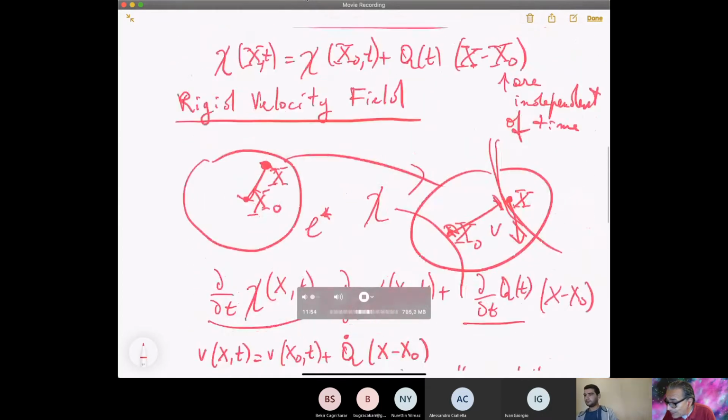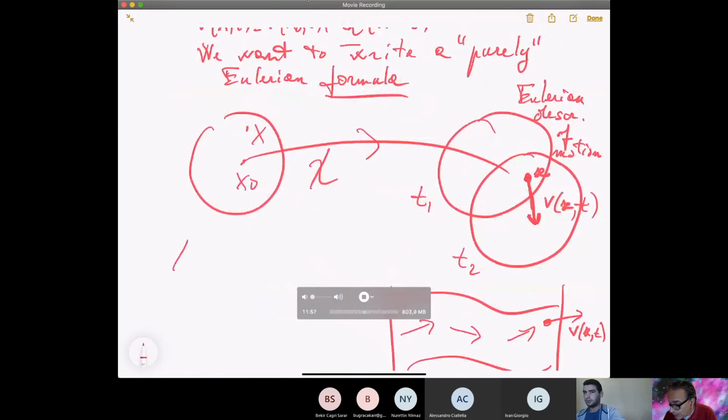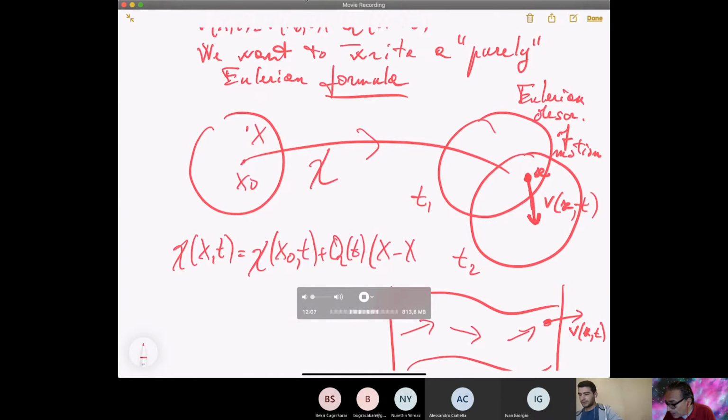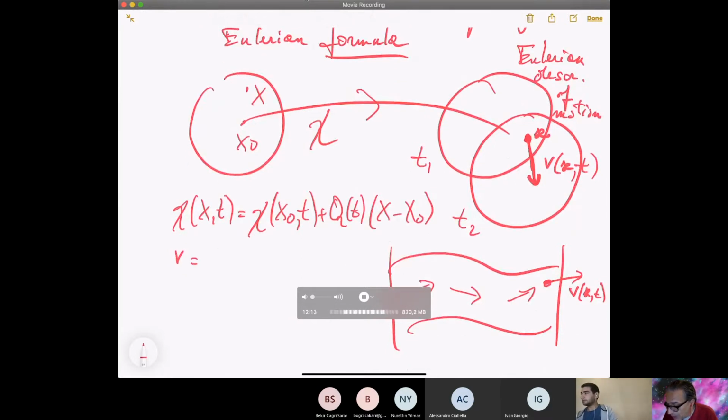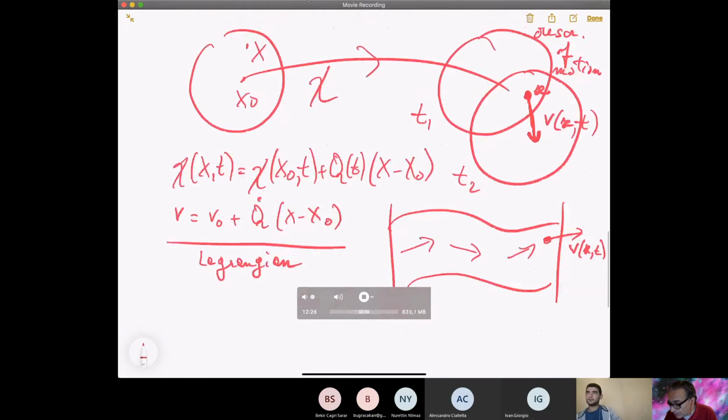Instead, when you write this formula here, chi of X, t is equal to chi of X0, t plus Q(t)(X minus X0), and the corresponding velocity v equal v0 plus Q dot (X minus X0), this is a Lagrangian description of motion.